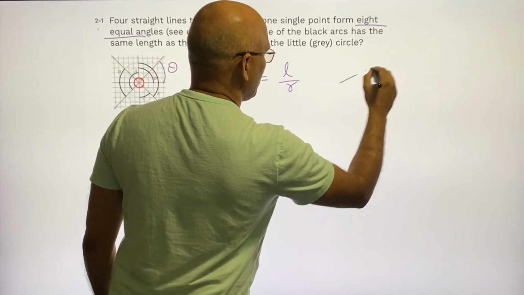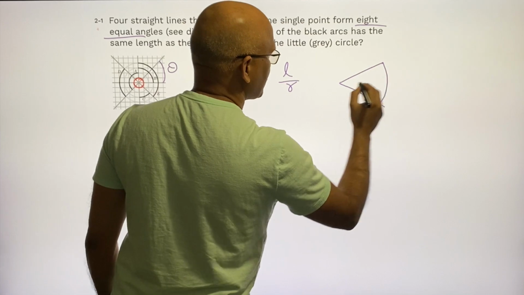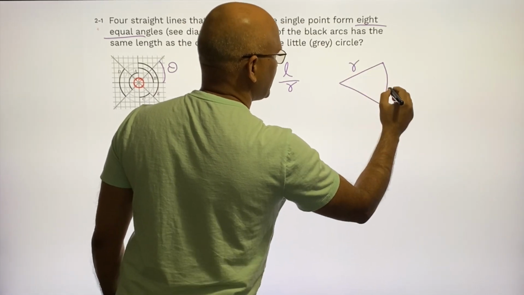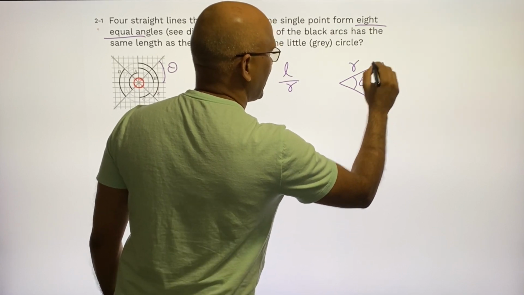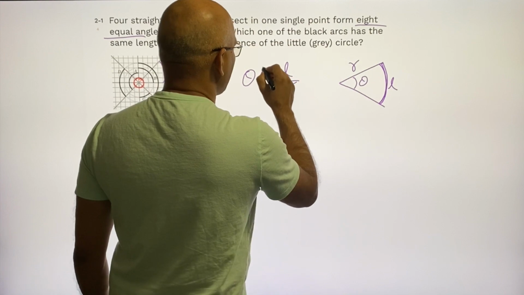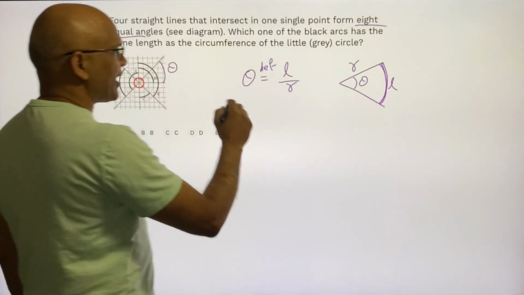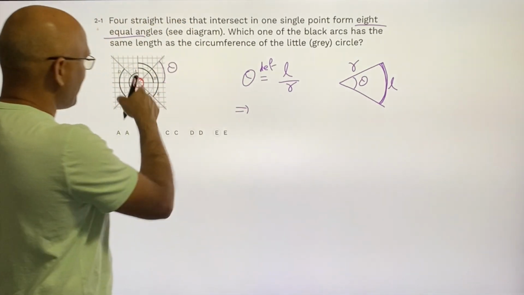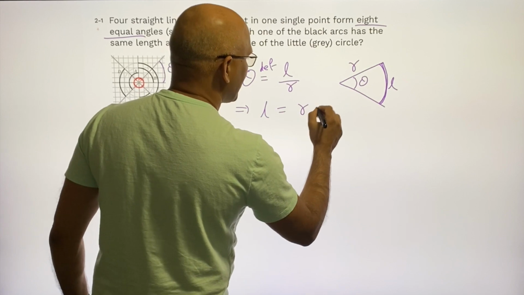So for example, if this is R, and this is L, an arc length drawn with radius R, then this is by definition. Or I can write this, since I want to check the arc length, as L equal to R theta.